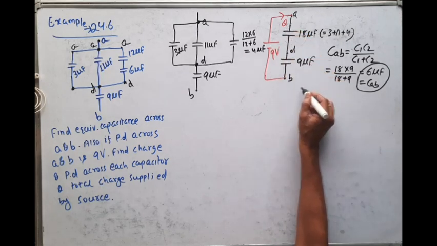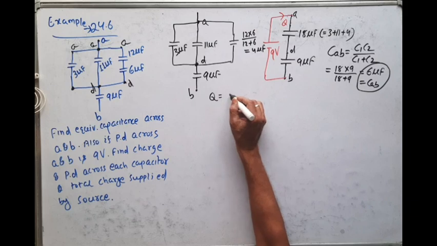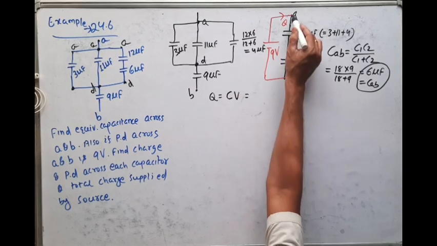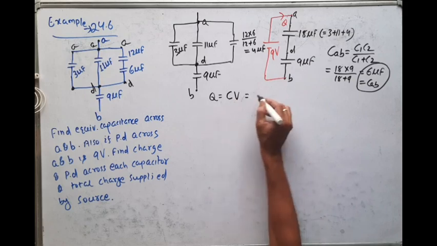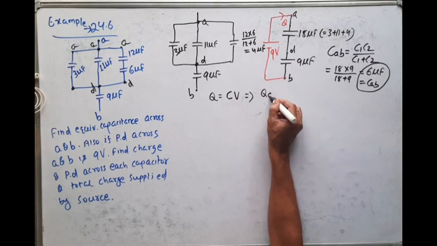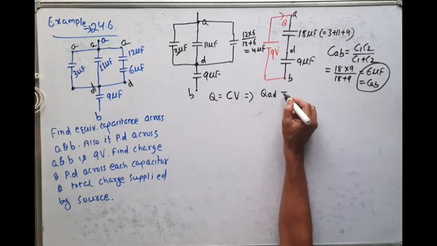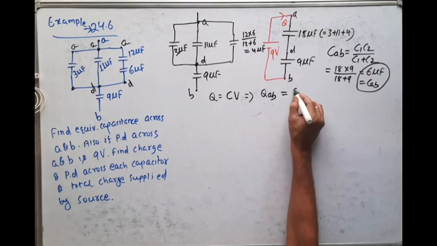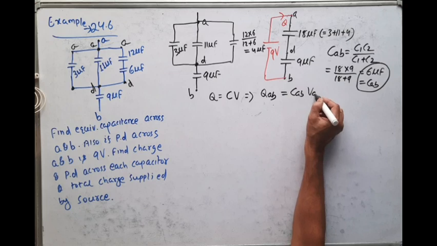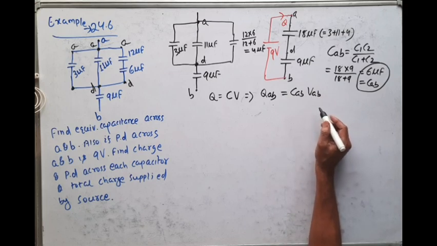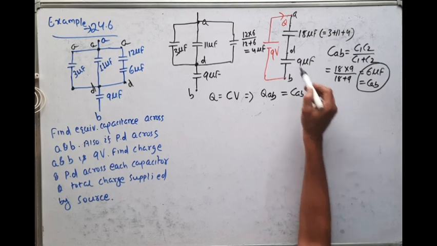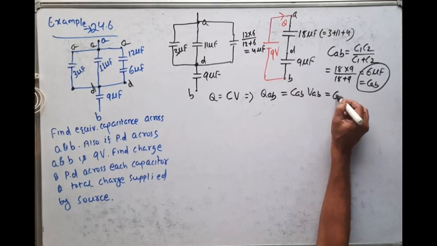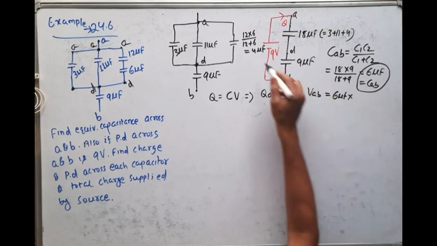So you know the total charge Q is equal to total capacitance into total voltage. So I can write in this way: charge across A and B is equal to capacitance across A and B and potential difference across A and B. That is equal to 6 microfarad into supplied voltage.